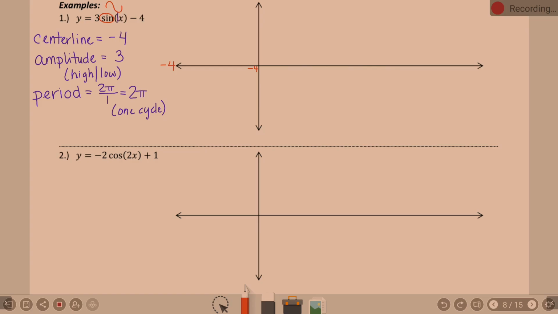How high is each hill going to go up and how low is each valley going to go now? 3. It's going to go up 3. Now, what is up 3 from negative 4? That would be negative 1, yes? So you at least have to have a negative 1 labeled there.